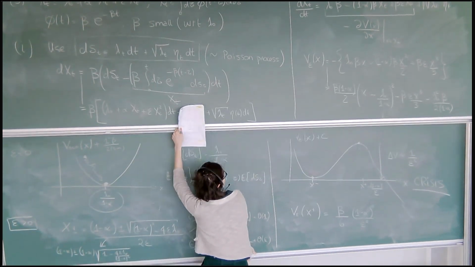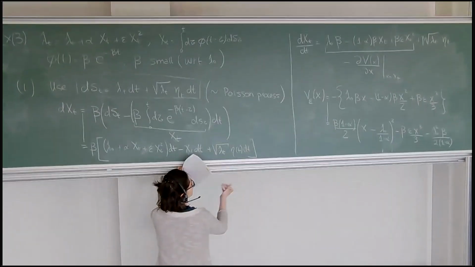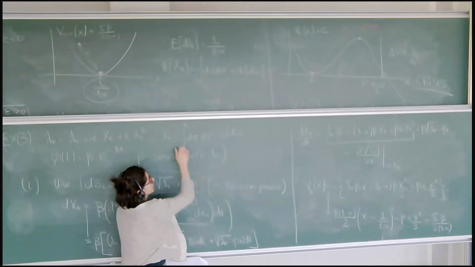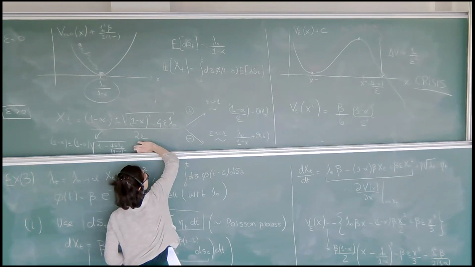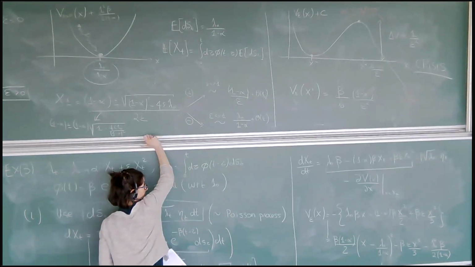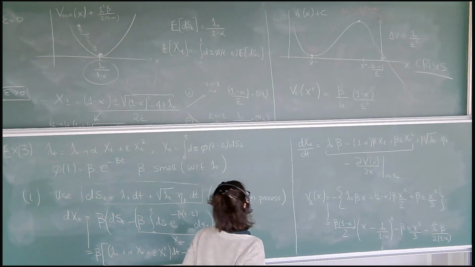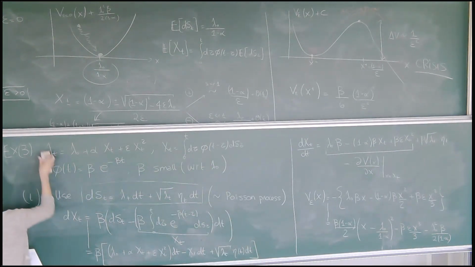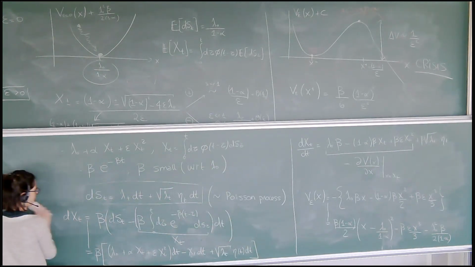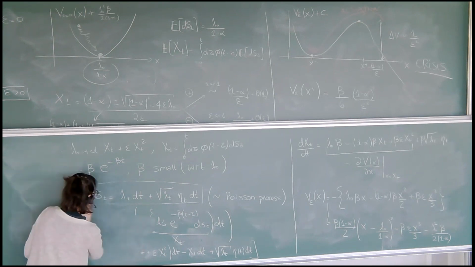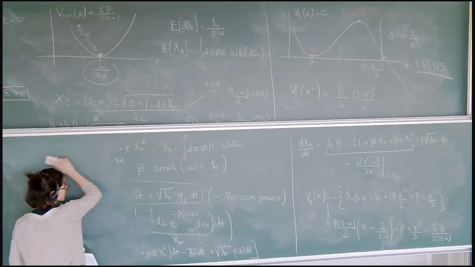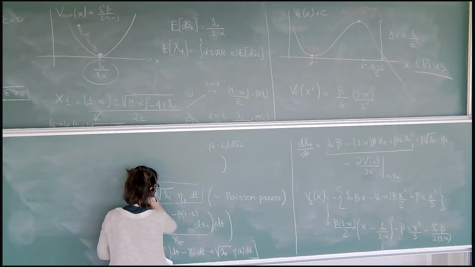So how often does this happen? Well, we can use results in the literature to compute the average time that is required to see this type of jump events. And there are explicit expressions for this.